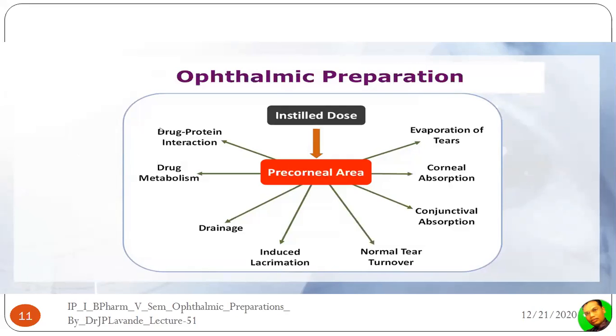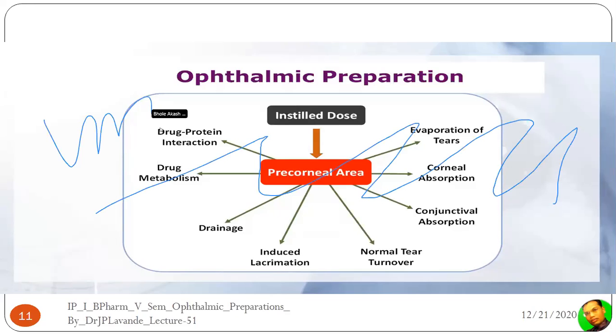Now, out of this instilled dose, some of the drug will get protein bound and interact with the protein, some drug will get metabolized, some drug will get drained away, some drug will induce lacrimation or will get washed out with the help of the lacrimal fluid, or sometimes there is tear formation, so along with the normal tear turnover and formation, the drug will go out.